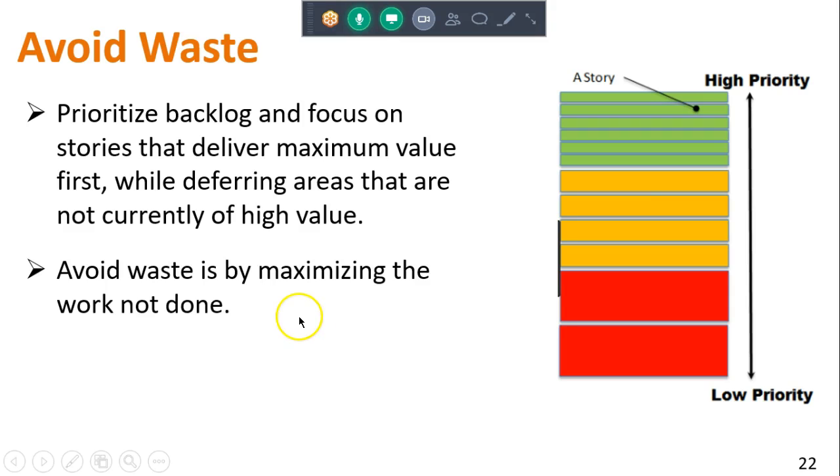I would argue that you should never throw out work or throw out detail that's available there, but you just need to realize that you don't need to focus on it. You don't need to refine it to its final level of detail when it's a low priority item, simply because there is the potential that it could change as it moves up the priority list and as the timeline goes along.